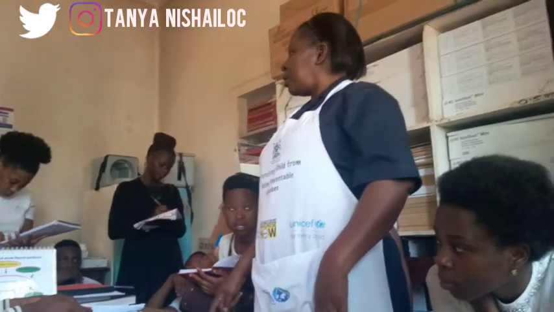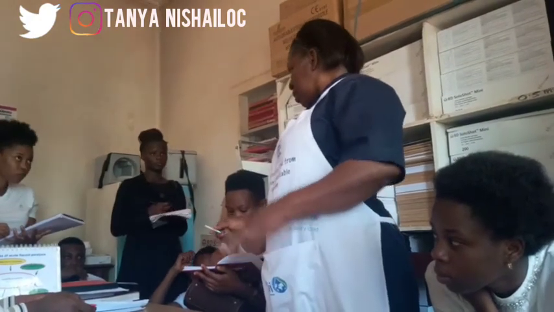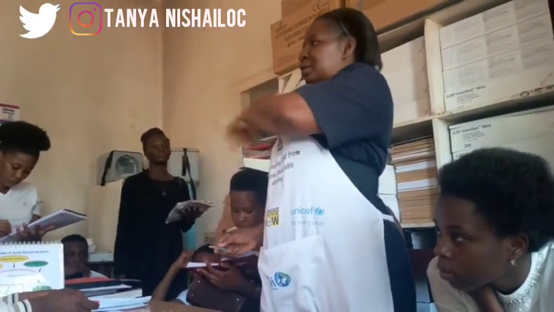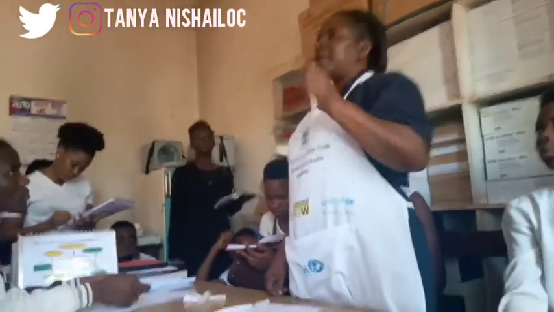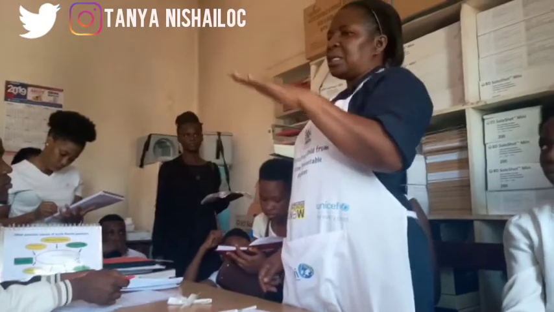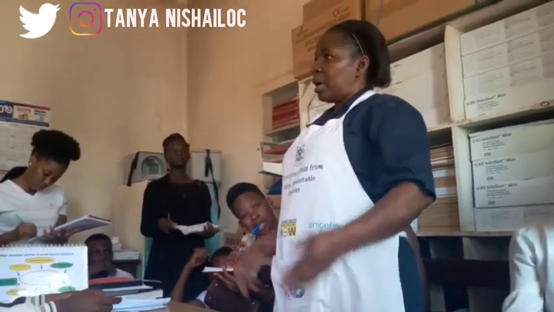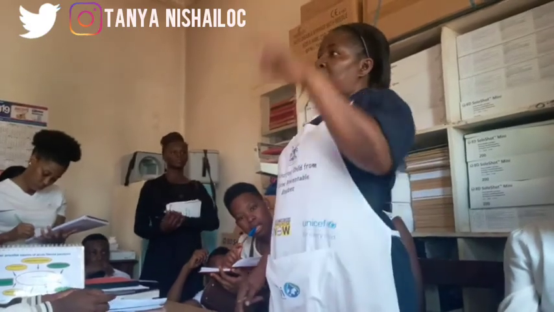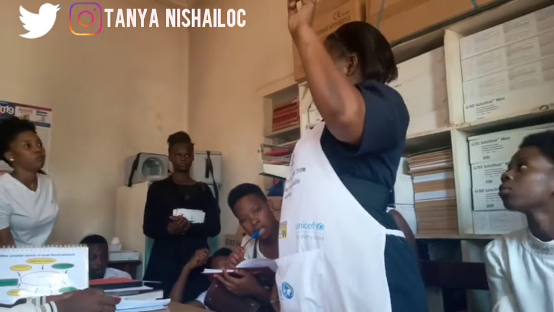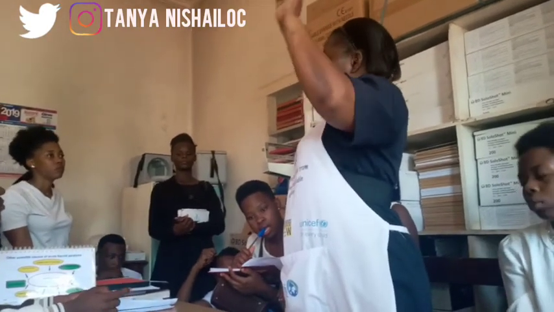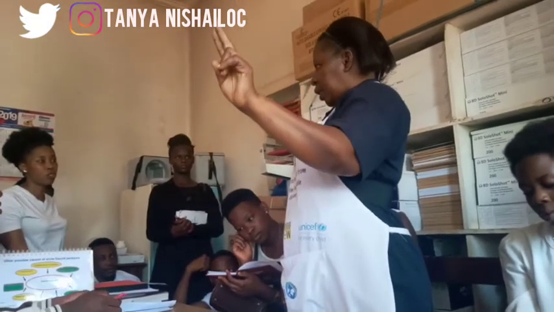OPV3, Rota, no. About Rota, sorry, it's good you have mentioned it. The Rota we currently have in the Ugandan setting, in Uganda institutions like Mulago and any government institutions, we only give 2 doses. We give 1 at 6 weeks, and then 2 at 10 weeks.